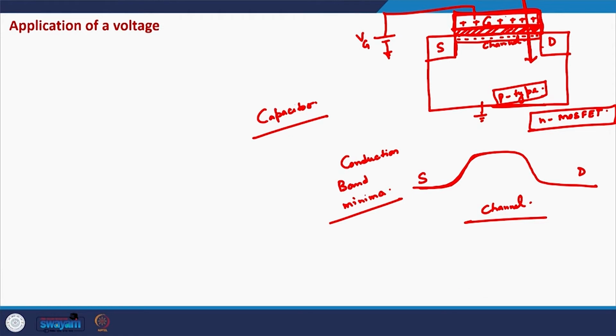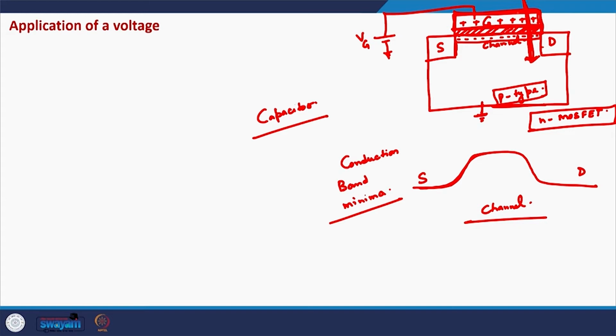So, if a positive voltage is applied on the gate terminal, if we look at the electric field in this direction, there will be a positive potential, because on the other side the potential is 0, it is grounded.